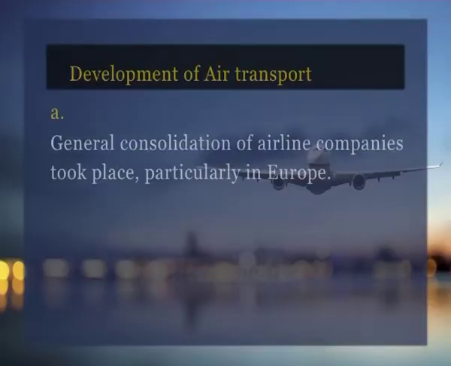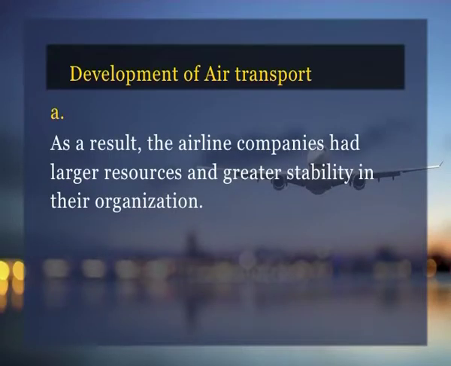Four important developments took place during 1920 and 1930, namely, general consolidation of airline companies took place, particularly in Europe. As a result, the airline companies had larger resources and greater stability in their organization.